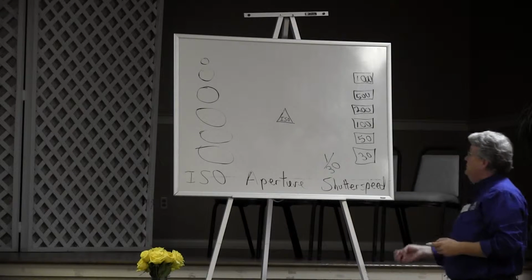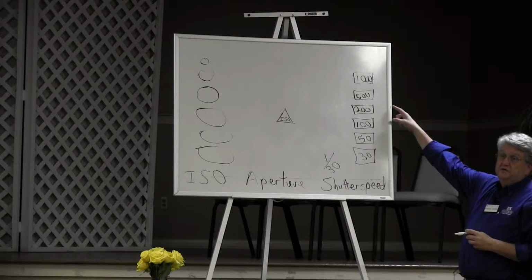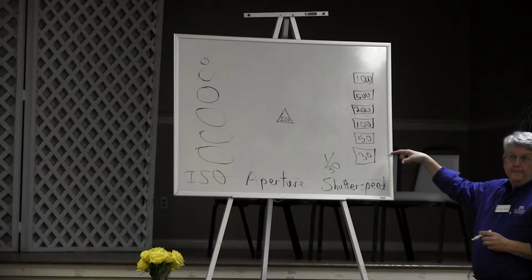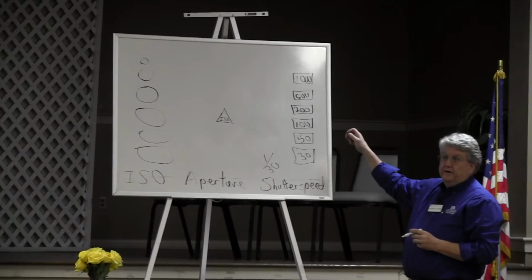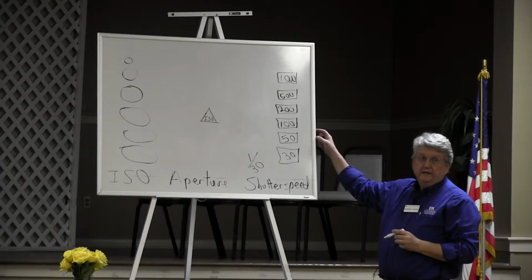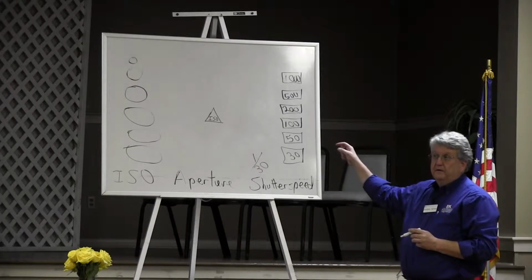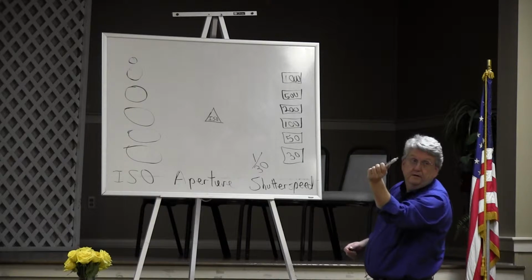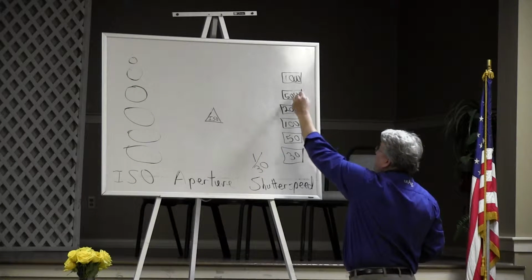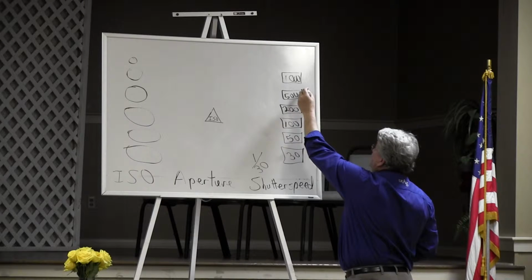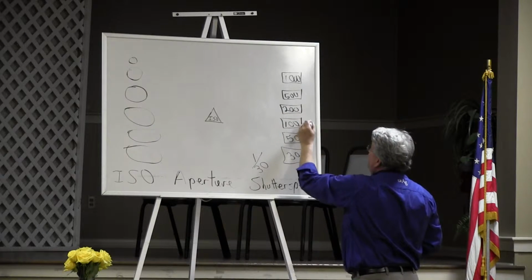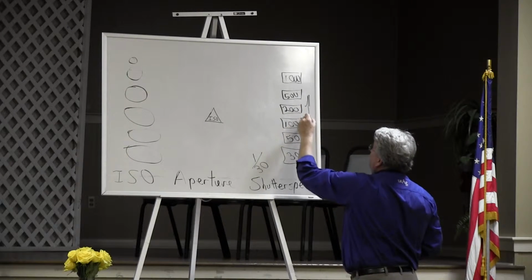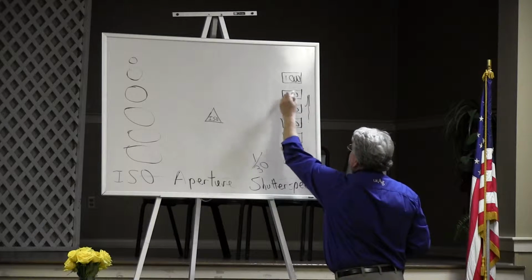Okay, remember what we talked about in terms of motion and shutter speed? Rushing water. What kind of shutter speed would I want to use? Anywhere up here, 500 or 1,000, all right? This area, going this way, we're going to stop action.